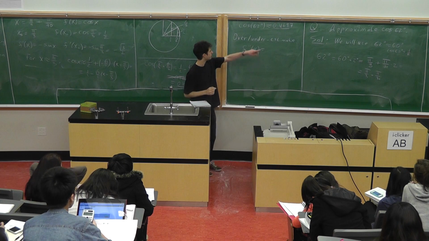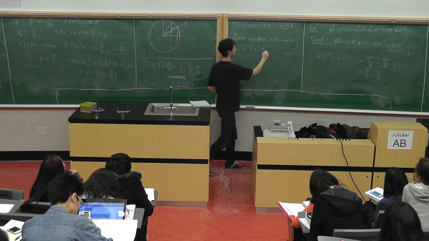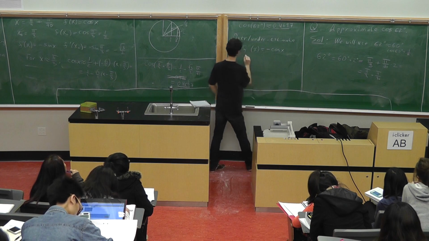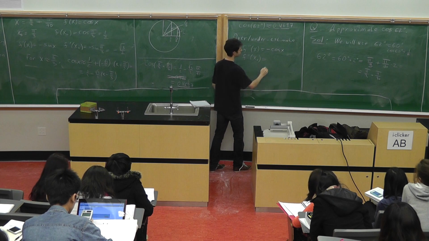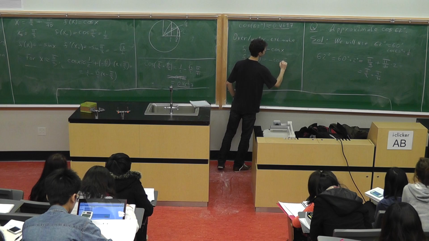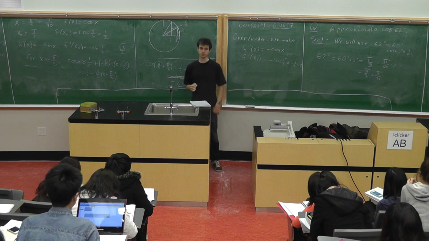F double prime of x is, well, derivative of minus sine is minus cosine of x. So the second derivative at the point x naught is minus cosine of pi by 3. So it's minus 1/2. It's negative.